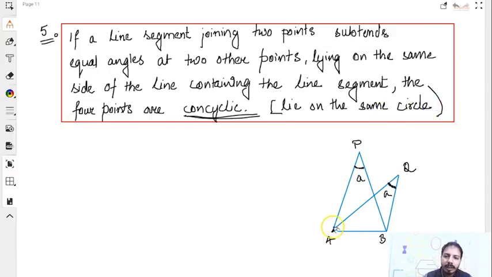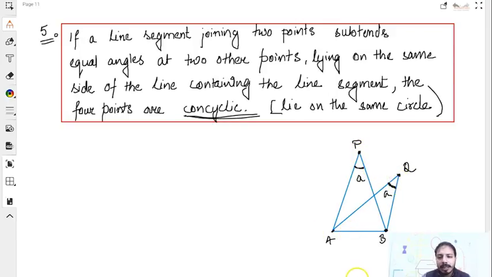Now let me read what they are saying again. If a line segment joining 2 points, so this is a line segment joining 2 points A and B, subtends equal angles at 2 other points, so they are subtending equal angles at P and at Q, lying on the same side of the line. So both P and Q are above this line.